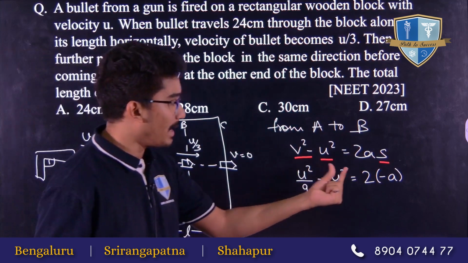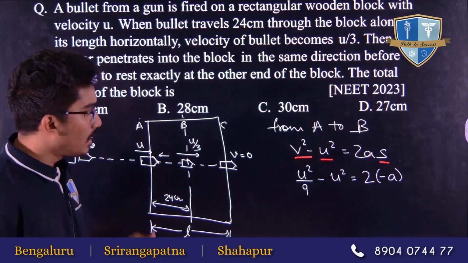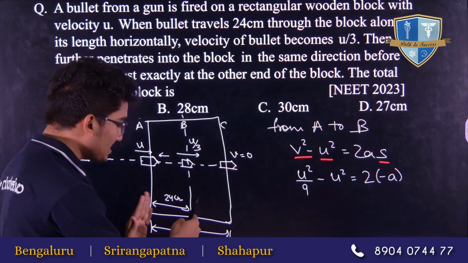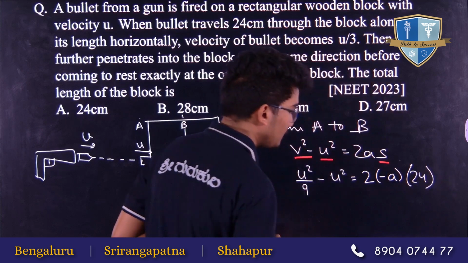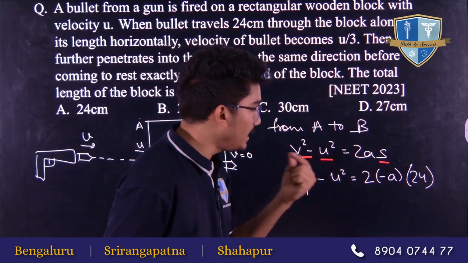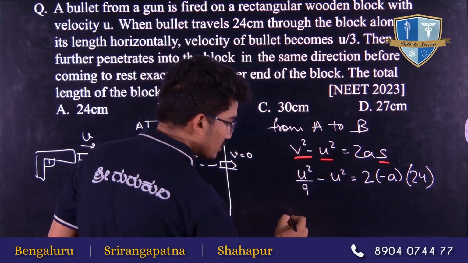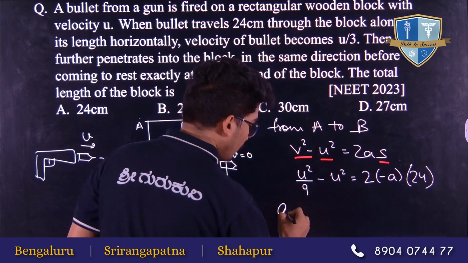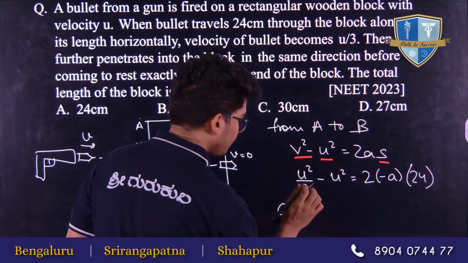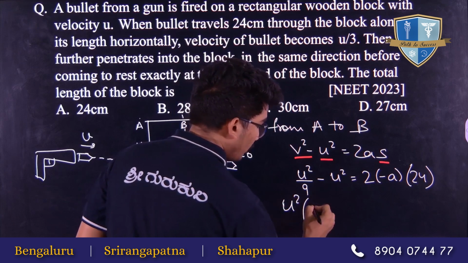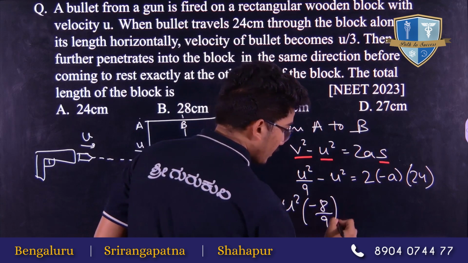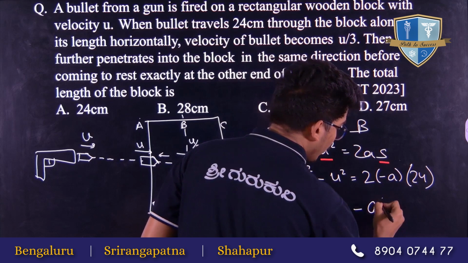That's why it is minus a, since it is a retardation. Now we know displacement as well. What is the displacement? 24 centimeters. So using this formula we can find a. So u square into minus 8 by 9 is equals to minus a into 48.